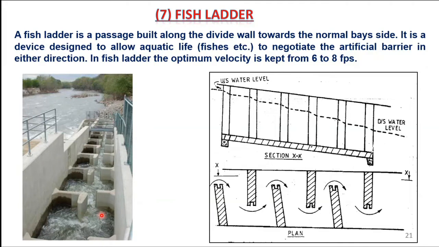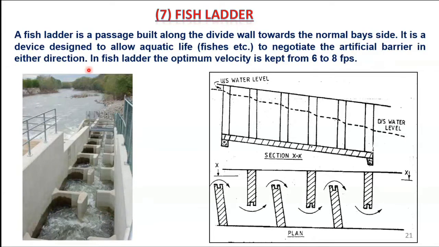Do you know what is the favorable direction of movement of the fishes? Yes, against the direction of flow. The fishes like to move against the current of water, against the direction of flow.